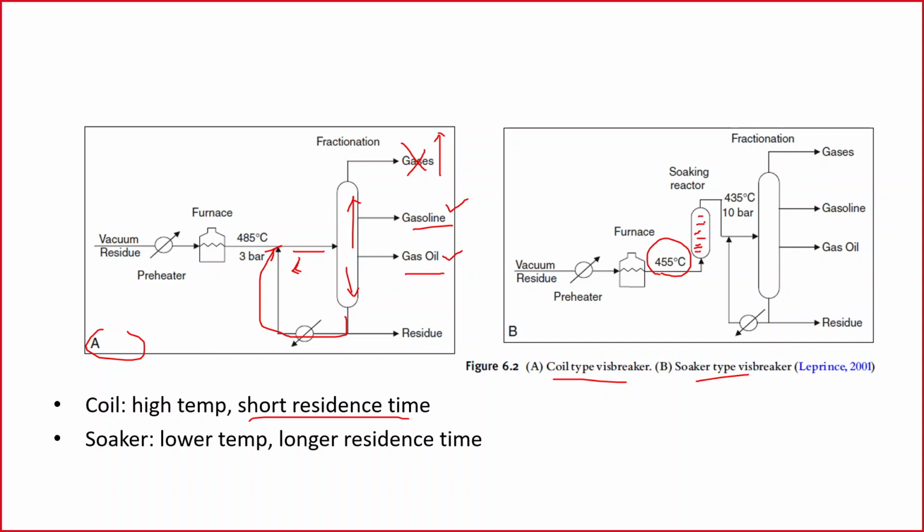So you need energy to crack it, and then the temperature gets lower and lower, and you design it in such a way that you maximize the gasoline and the gas oil. So that's how people design this visbreaker. We know what type of feed we are going to be using, and we know the amount that we want to maximize, and then you design these units accordingly.